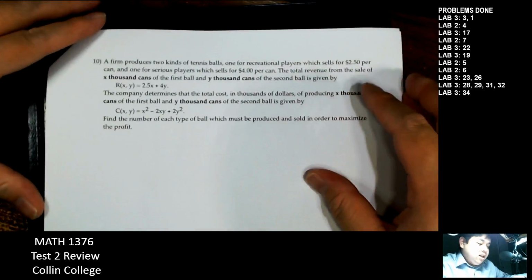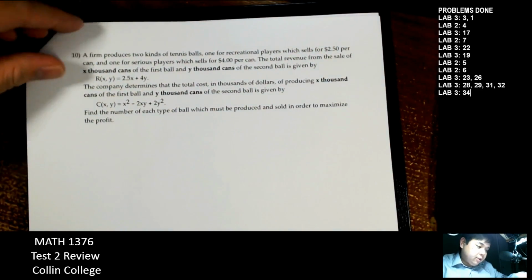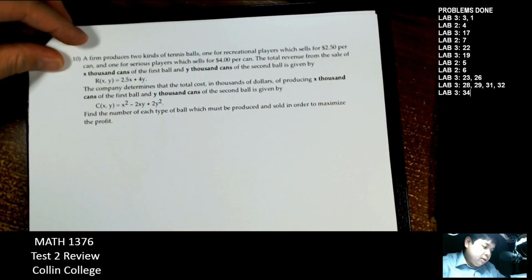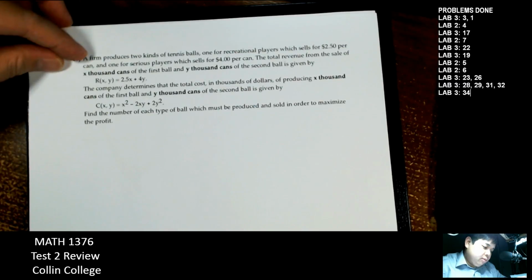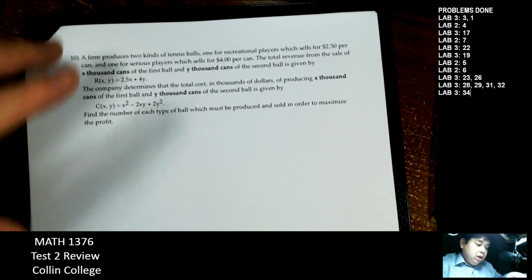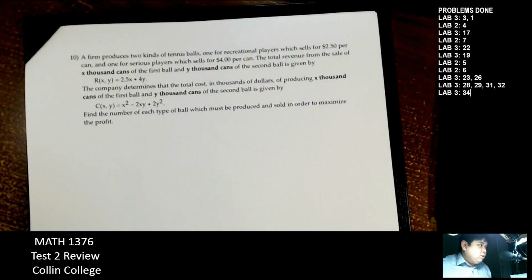But I'm going to do number 10 instead. Right, at least this one is very straightforward.